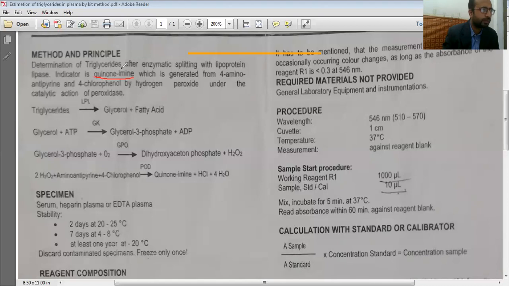If there is a high concentration of quinoneimine in the test tube, it would absorb more light. If there is a low concentration of quinoneimine, it would give us less absorbance.